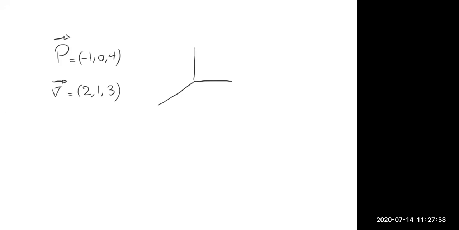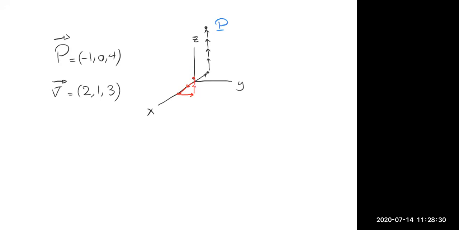The point P goes back by 1 in the X direction, doesn't move in the Y direction, and goes up by 4. So this is where P is. Let's look at the vector V. In the direction of X, it goes forward by 2. In the direction of Y, it goes right by 1, and in the direction of Z, it goes up by 3.